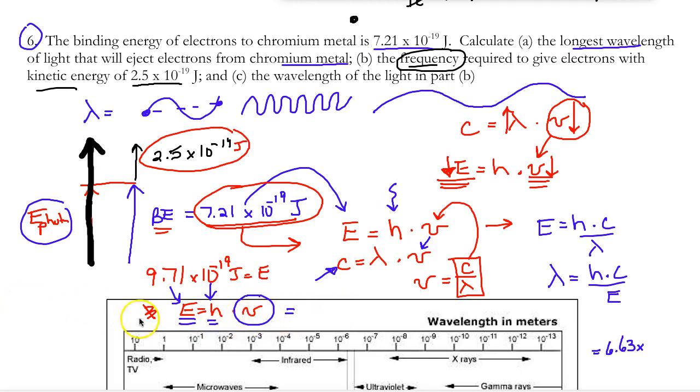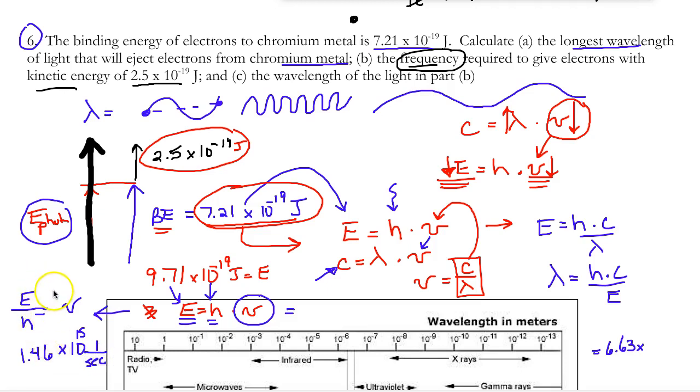When you solve for the frequency algebraically, I get energy per photon, which is the new value here, the sum of these two, over Planck's constant. And so when you do that, you should get 1.46 times 10 to the 15, and you will get 1 over second.